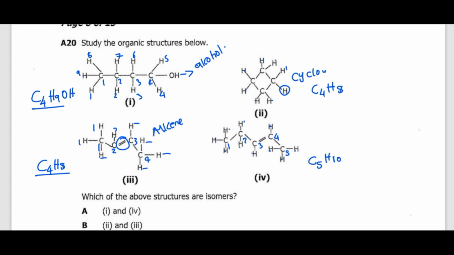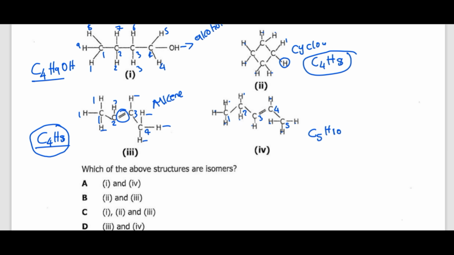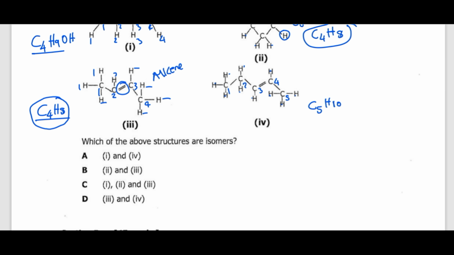Here we have C4H8, and even here C4H8. So these two are isomers. So it's not 1, this is 2 and 3. So this is our answer here.